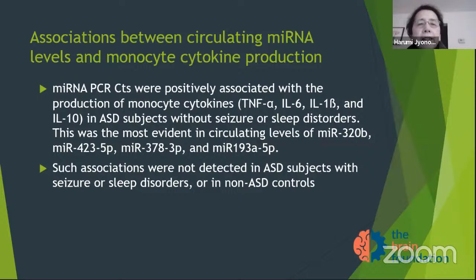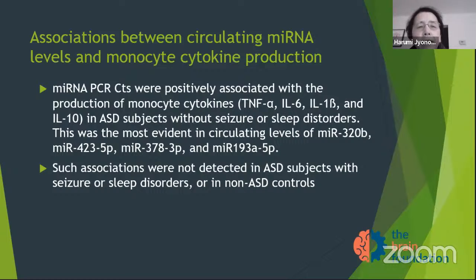So this is for the condition, and we did see some differences in comorbid condition. We then wanted to see whether these microRNA PCR counts have any association with monocyte cytokine production.